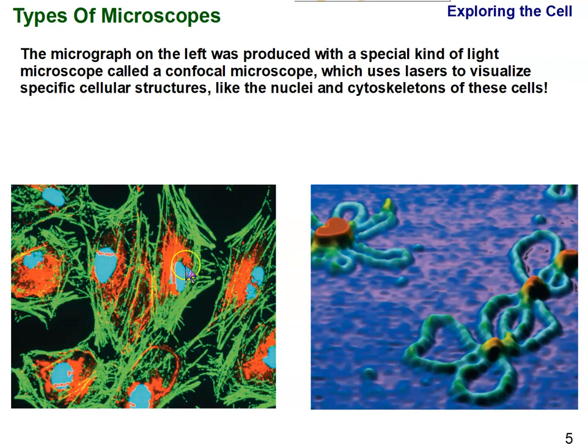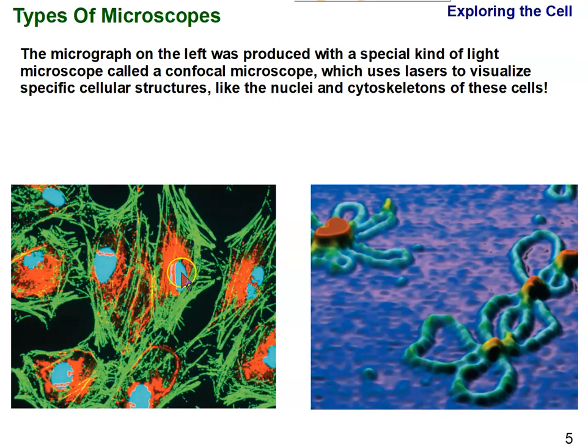So in what we're looking at here, the blue are nuclei. So the blue is the nucleus of each one of these cells, and we're looking at a number of different cells here. And then the red around that is a certain component of what we call the cytoskeleton, which is something that you'll be learning about in this unit.